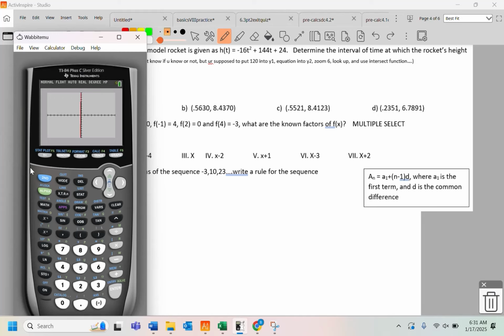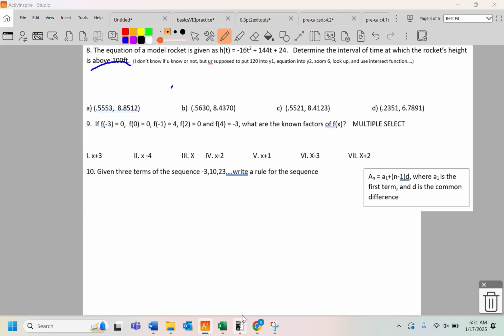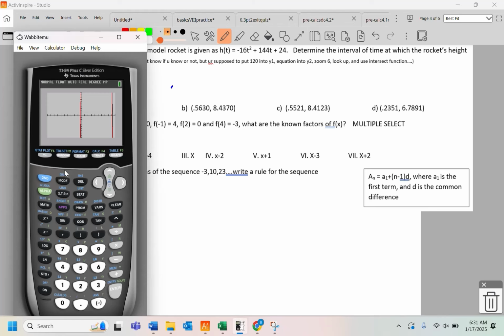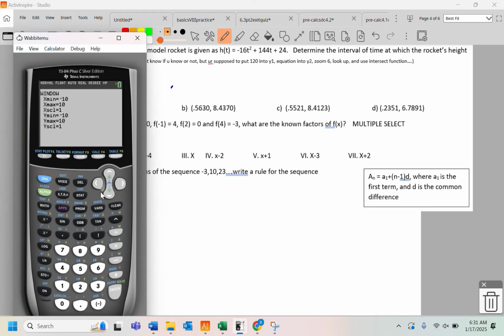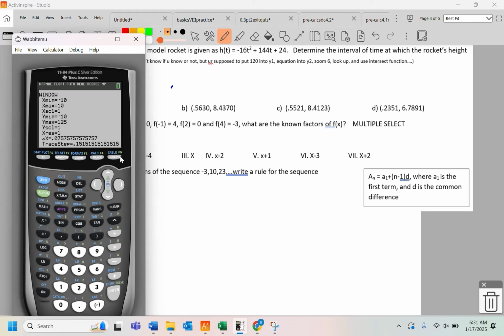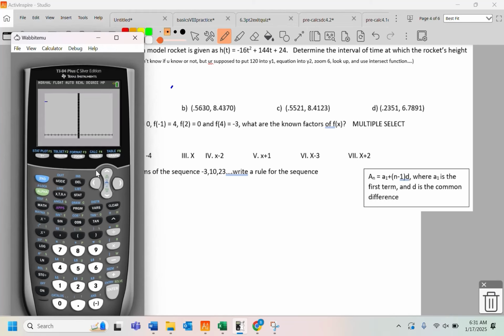Once it's done, we'll play with the window. The height is above 100, and you put 100 in y1. So go to window and just look up, and it'll do the job. Do 125, graph. And you can see it go up, and then you'll see it come back down.